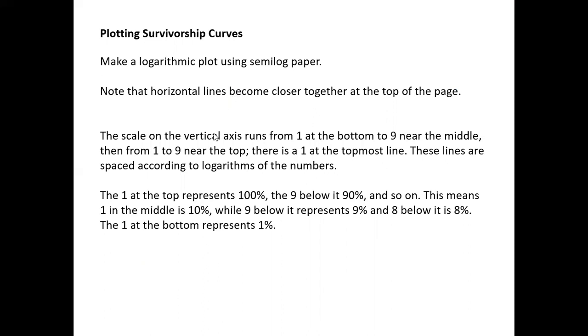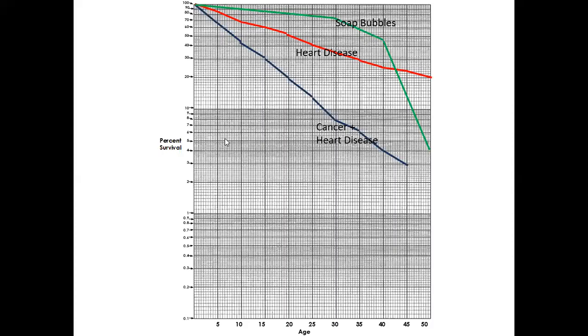Now I've done this, which kind of explains the whole thing again. It's probably not exactly what you'll see on the homework as far as your answers go, but I've done a chart here showing the numbers I got. You can see here, heart disease goes down at this rate.